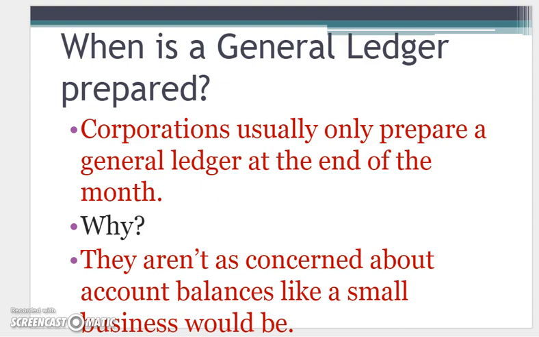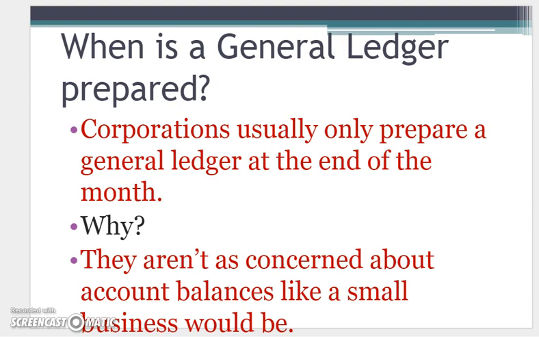So when is the general ledger prepared? Corporations usually only prepare their general ledger at the end of the month. The reason is that, unlike small businesses, corporations are not nearly as concerned about keeping track of the balance of each individual account. A small business would probably be concerned about how much cash they had at any given time, or the amount of supplies they had, or what the owner's equity capital account was worth.